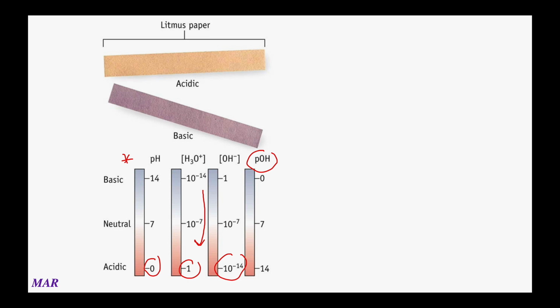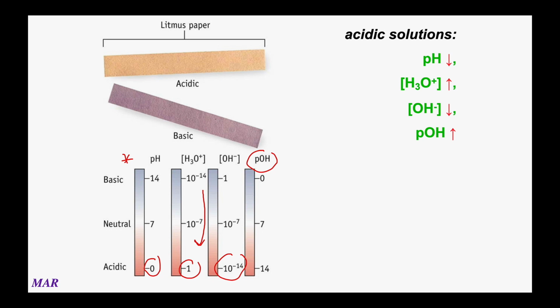So what I want you to do in this slide is just take a minute and think about these relationships. Because in an acidic solution, you're going to have a low pH, because pH will go to 0 as it gets acidic. And in an acidic solution, that means you have a high amount of hydronium. But high hydronium means low hydroxide. Hydronium times hydroxide, remember, equals Kw.